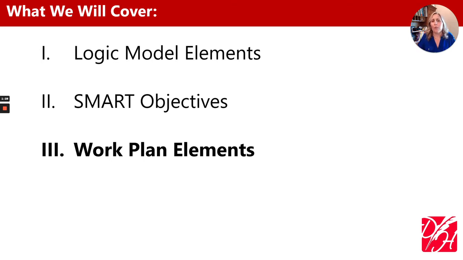So the third program design element that we're going to look at is the work plan. What are the elements in a work plan that are critical to give the grant maker, the grant reviewer, even more detail?